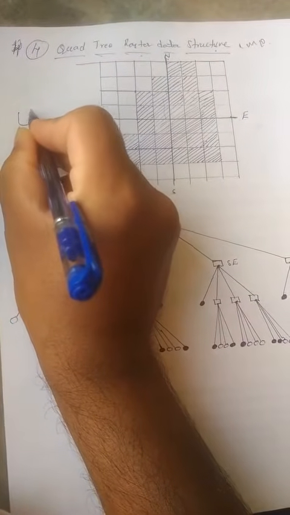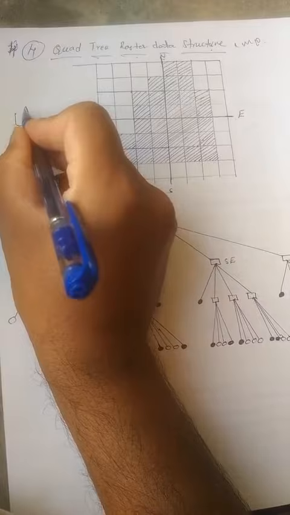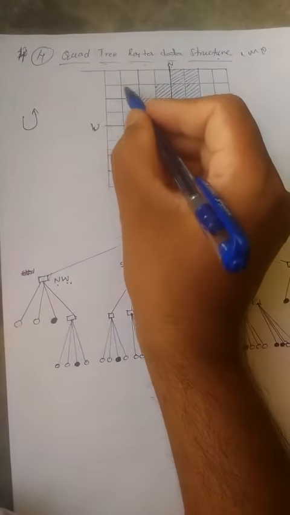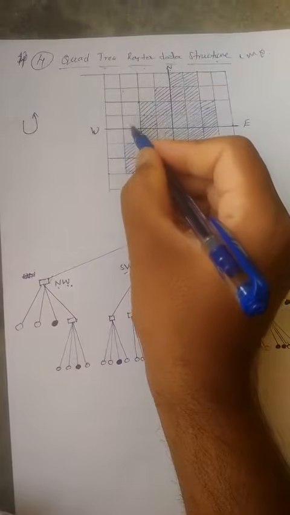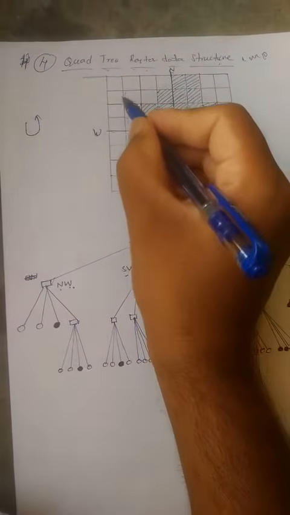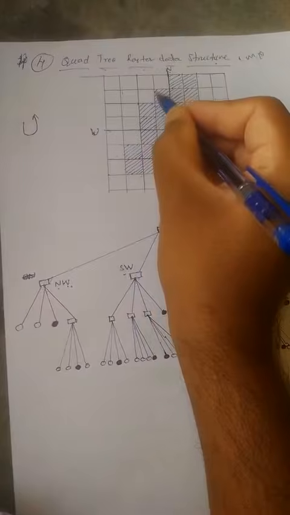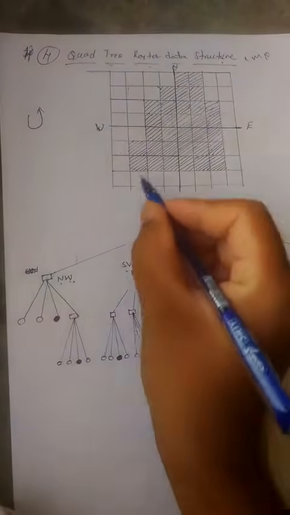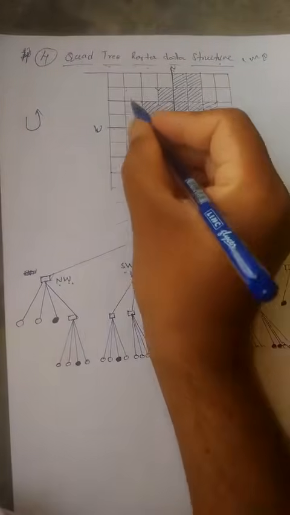In this quadtree representation, data will be recorded. Generally, we take it in this direction, the anti-clockwise direction. It is recorded in this manner. See, the first one is northwest, this total box.